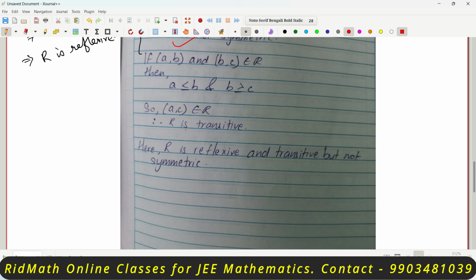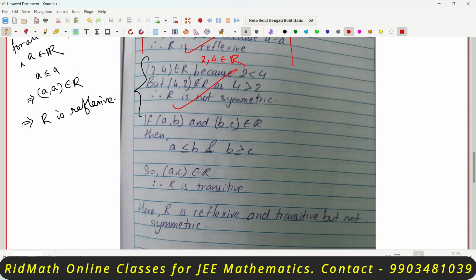So for transitivity, if (a, b) and (b, c) belong to R, you have to write here explicitly that (a, b) belongs to R and (b, c) belongs to R. Before that you have to write a, b, c belong to real numbers. These three are real numbers.